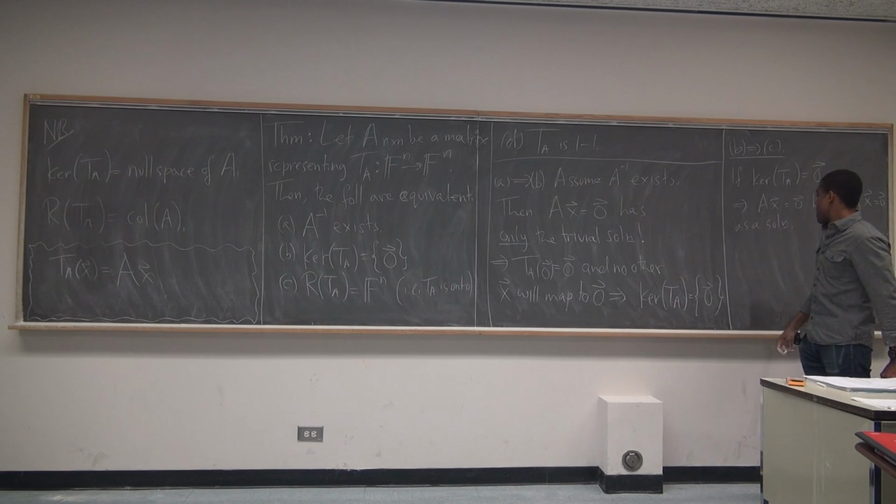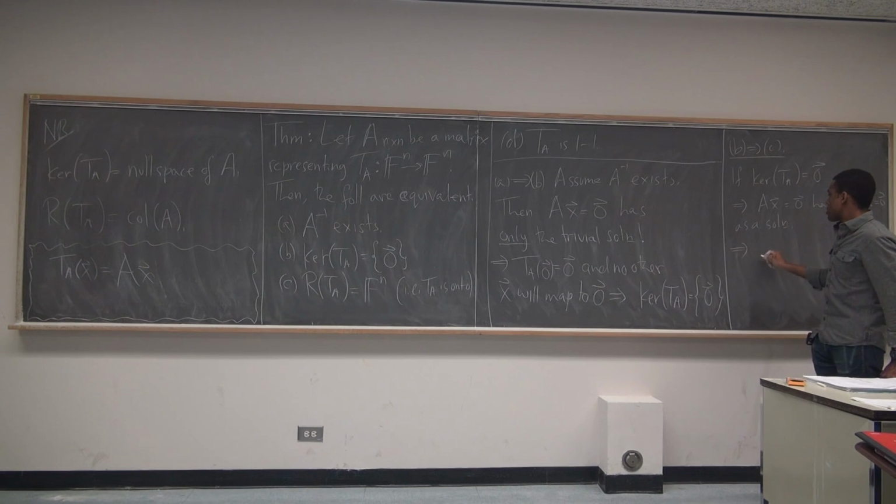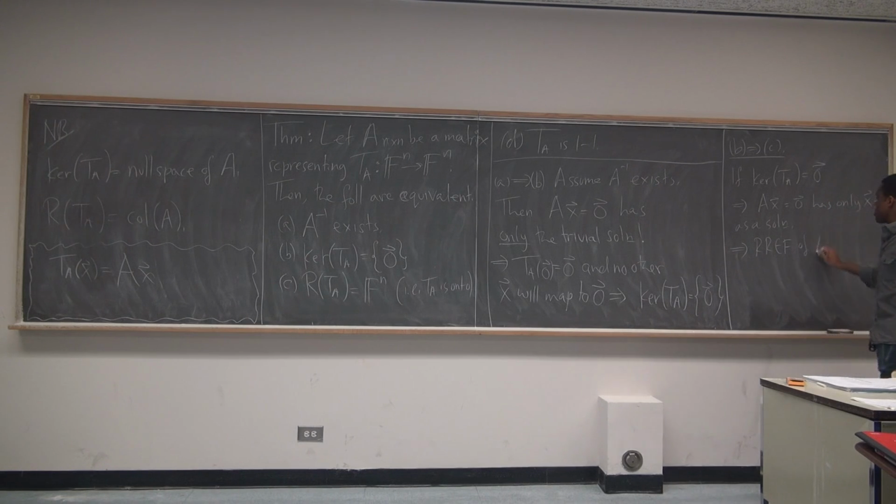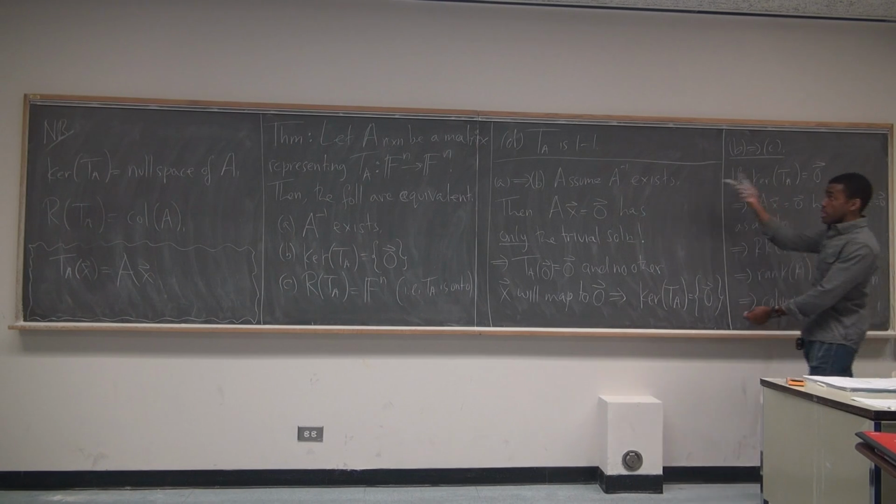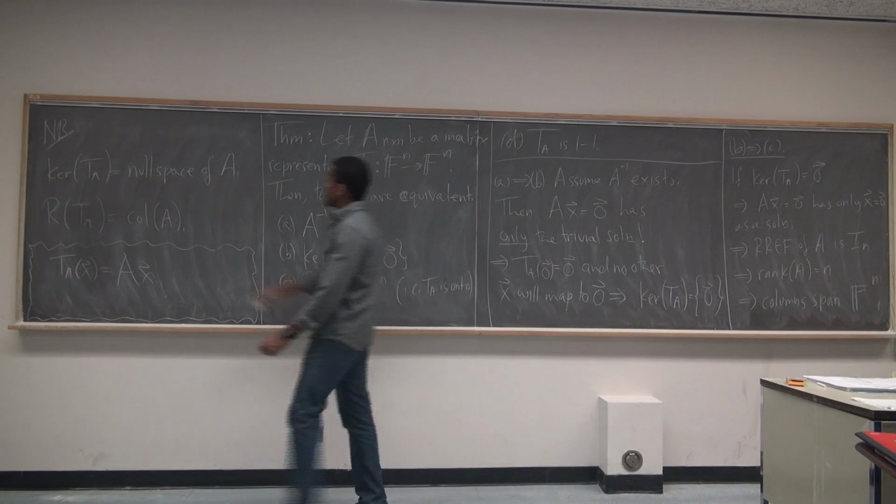Sure, you can say something like, this means the reduced echelon form is I, which means that the rank of A is n, which means the columns span Fn, right? Because the column space would be n-dimensional, and we're in an n-dimensional space, it'll span the whole thing.